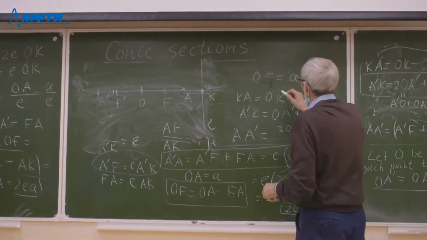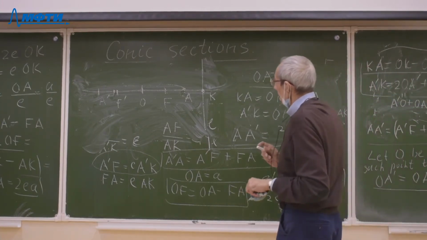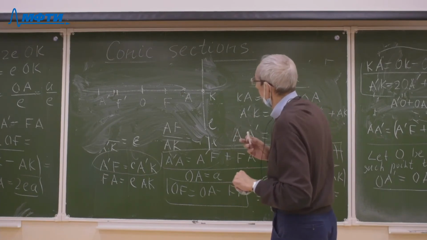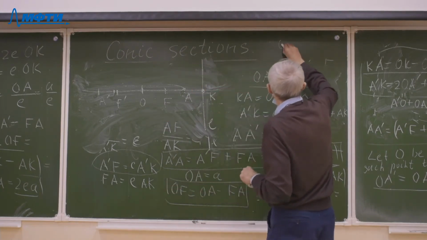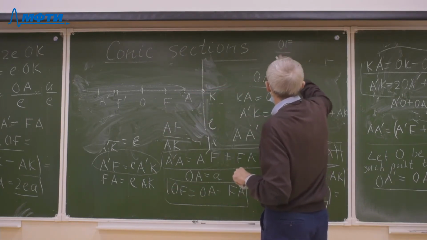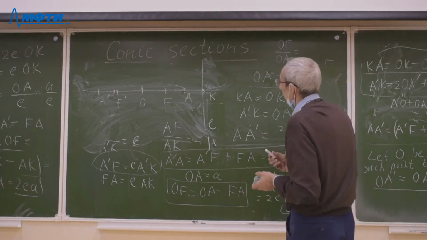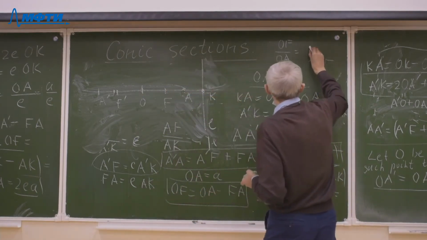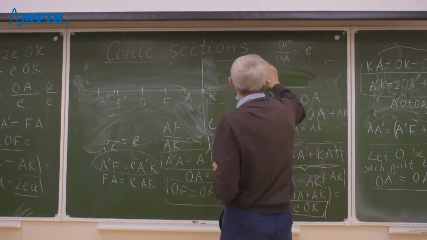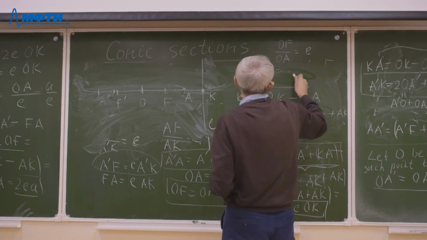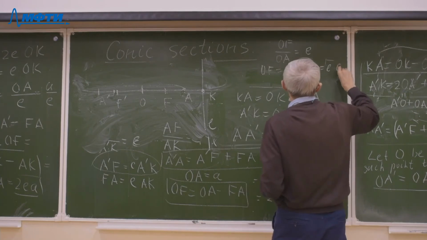I'm sorry, not OF, OA is equal to a, OA. And we have the following ratio, the ratio OF to OA is equal to e, such that OF is equal to e times OA, equal to eA.